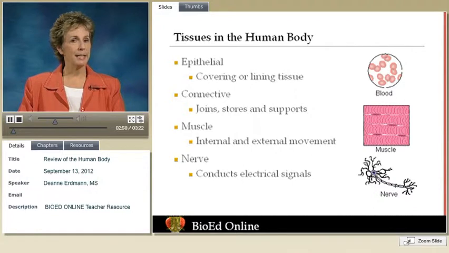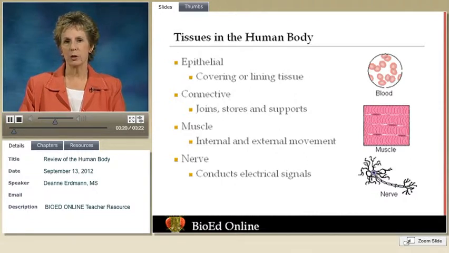The next one is connective tissue. Connective tissue is really kind of an unusual group. In this group, bone, fat, cartilage, and blood are all connective tissues. And you might say, well, what could those all have in common? What they are is unique cells with an extracellular material of some kind.